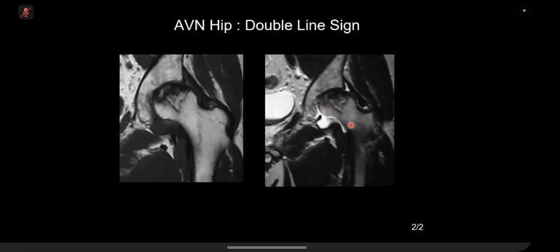This is sclerotic changes due to the detachment between the two parts of the bone, and the hyperintense signal in between these two lines is the edema of the line of separation between the dead bone, the sequestrum, and the surviving bone.